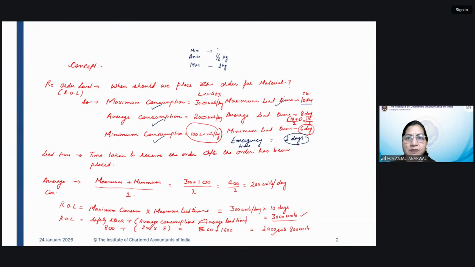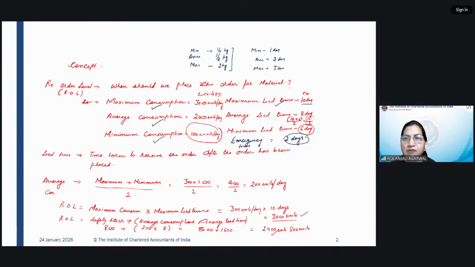So let's say minimum consumption is 1 by 4 kg per day. And when you place an order for the flour, it takes at least 1 day. Minimum, you will get it in 1 day. Maximum, it might take, because of holidays or something, let's say 3 days. And on an average, you get the raw material in your house in 2 days.